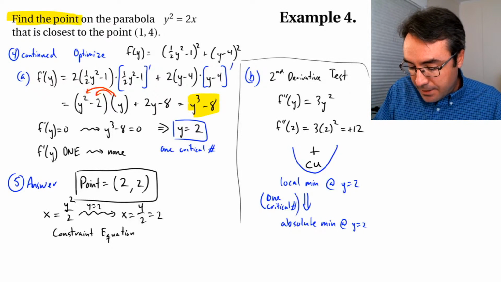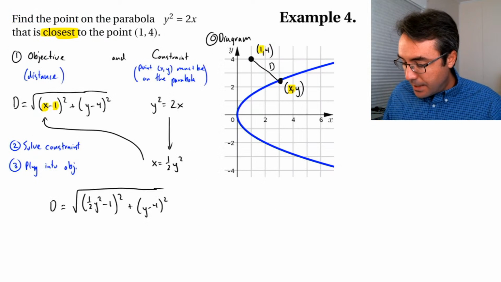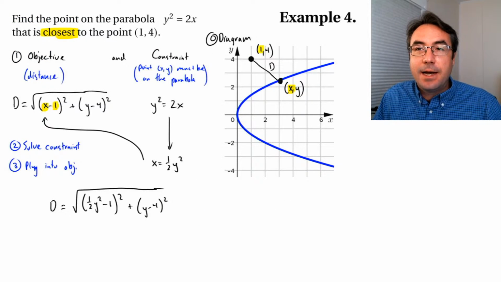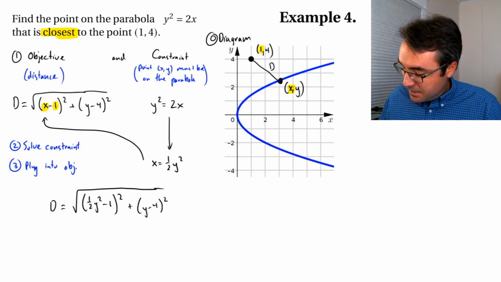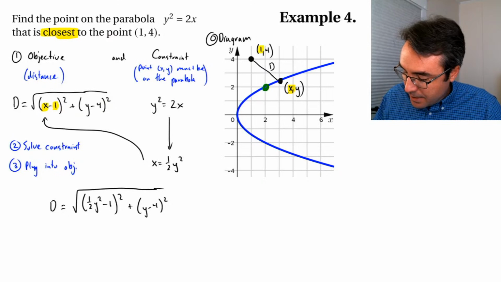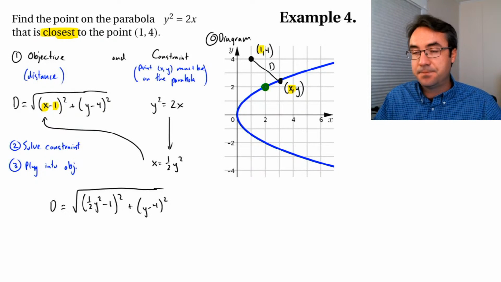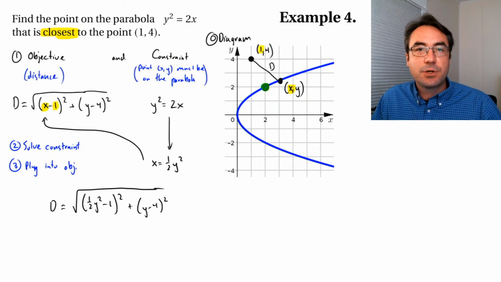And if we go back to our graph here, it's kind of what you would expect. So what is the point that we found? Well, it was the point actually right here, (2, 2). And so I'm sure there's a geometric argument that you could have done to figure out that point.